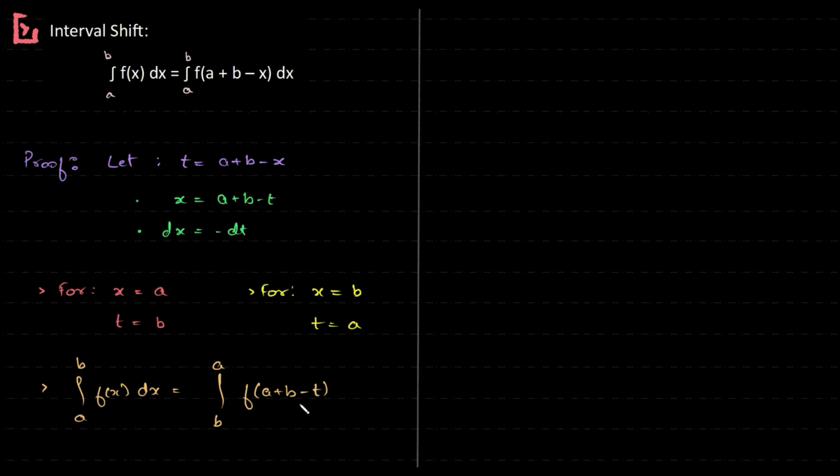This entire expression basically into minus dt. So minus dt. What happens to this negative? Yes, as per one of your properties, it will flip, is it not? So this would be a to b f of a plus b minus t dt. Does it make sense? Okay, see, we got the same thing.